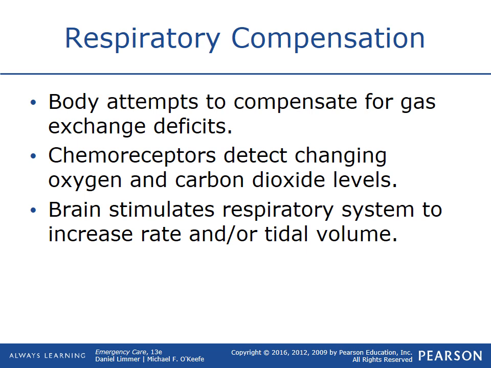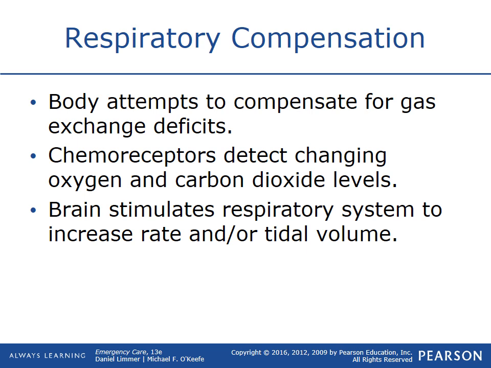The body attempts to compensate for gas exchange deficits by breathing faster, sometimes breathing deeper, or even shallower. This is controlled by the chemoreceptors in our blood vessels. They're in the aortic arch and they're in the carotid arteries.